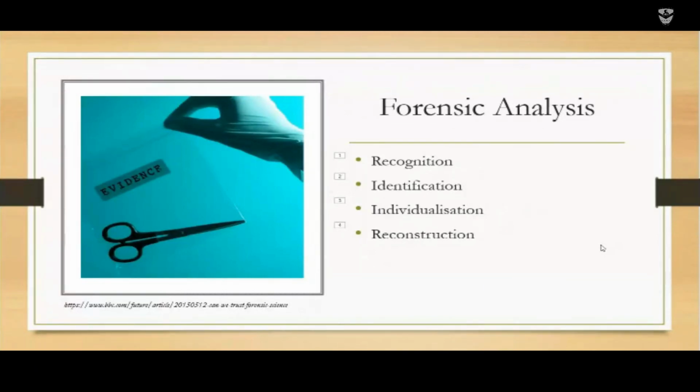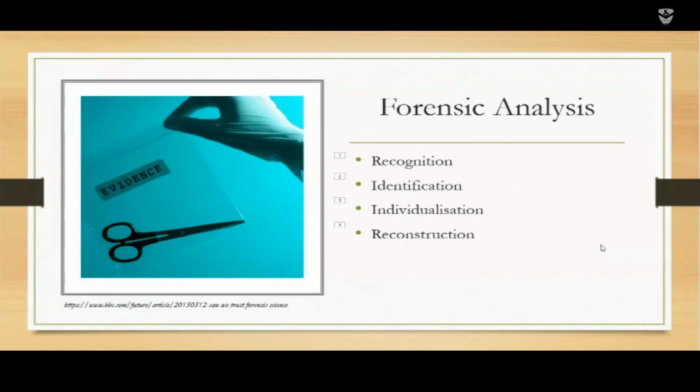The fourth step is reconstruction, and reconstruction is completely dependent on the first three steps. Reconstruction utilizes investigative information, crime scene information, laboratory analysis results, physical evidences and pattern evidences, all these things to reconstruct the crime scene.